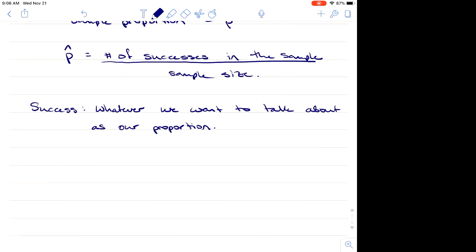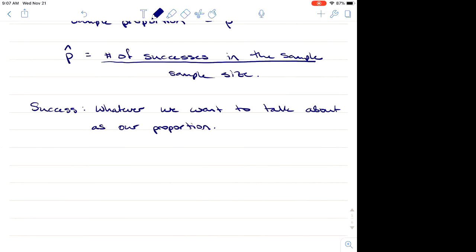Just to reiterate, if you want to know the proportion of males being born, you go down to the hospital and a male born, that's a success. A female born, that's a failure. It's not what you set out to look for. So anything that's not a success is a failure.